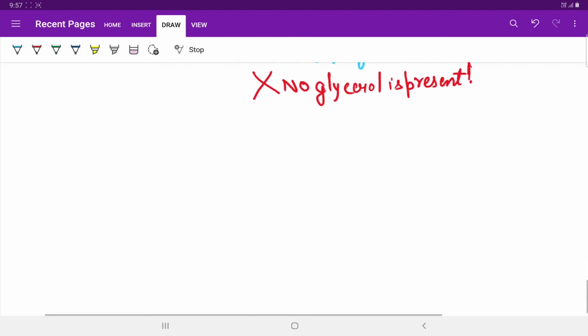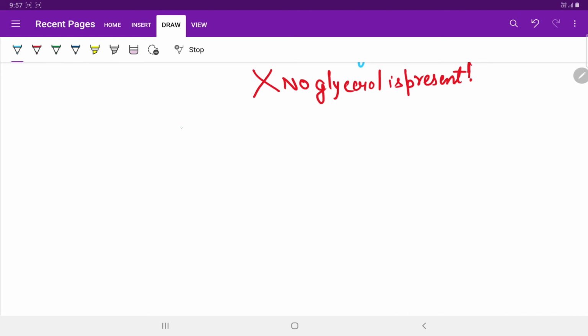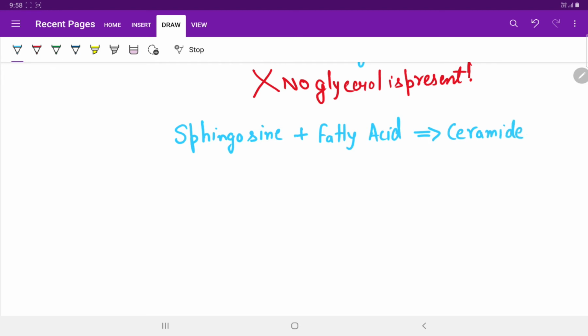So first of all, there will be a combination of sphingosine alcohol and another molecule of fatty acid that will be joined together to form ceramide. So how is this ceramide formed? First of all, let us draw the structure for sphingosine, the alcohol in this.